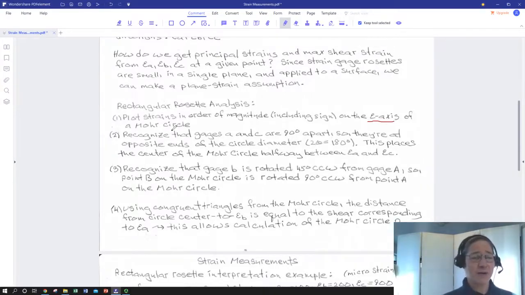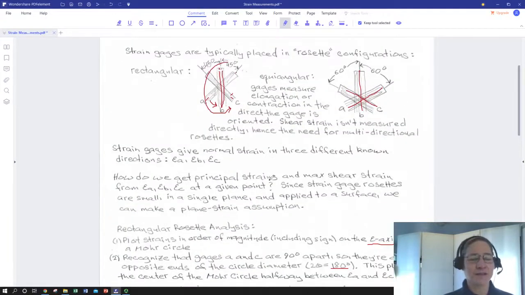Then we're going to start thinking about angles and remembering that gauges A and C are going to be 180 degrees apart on the Mohr circle because they're 90 degrees apart on the part. And so that will give us basically two points on the Mohr circle, and that'll also give us our center. Then we get to a little bit of decision making. We know the strain for gauge B, and we know that it's rotated 45 degrees counterclockwise from A if you set your gauge up like this.